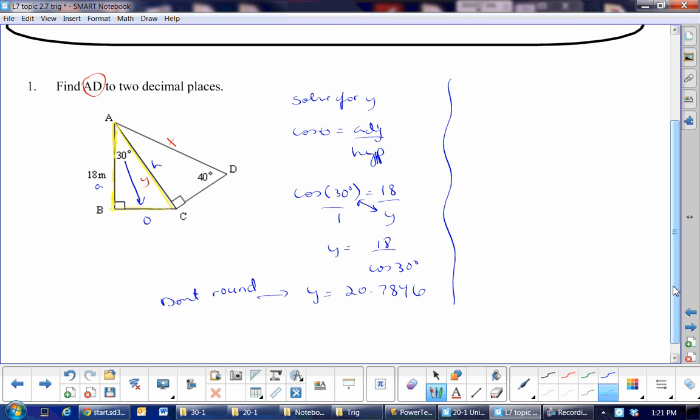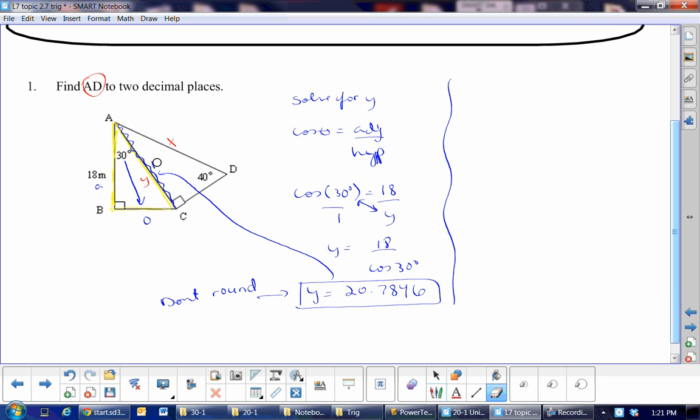So after we have that, I'm just going to get rid of this h right now because I'm talking about my new triangle. And this is going to be my new triangle.